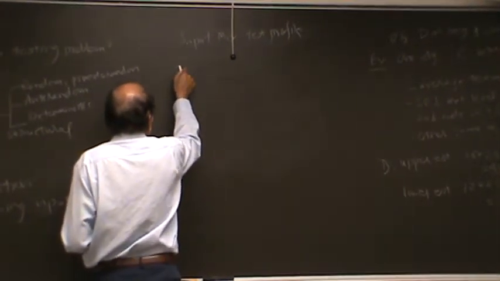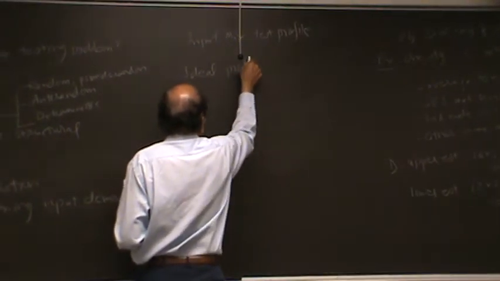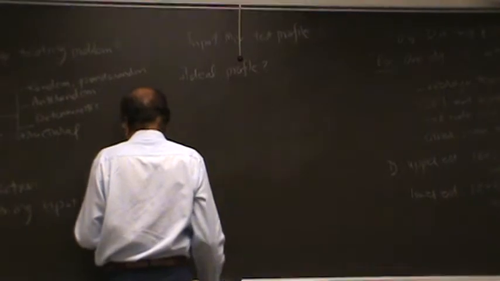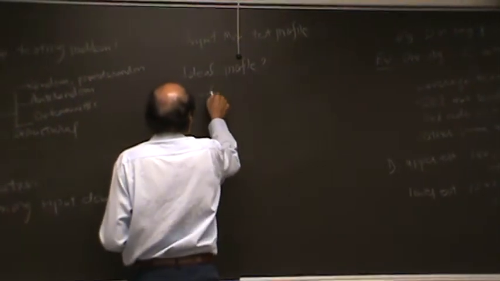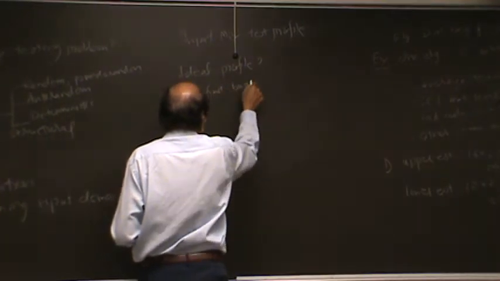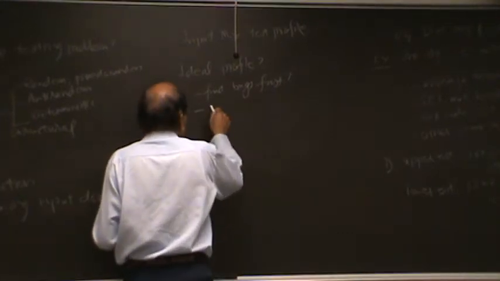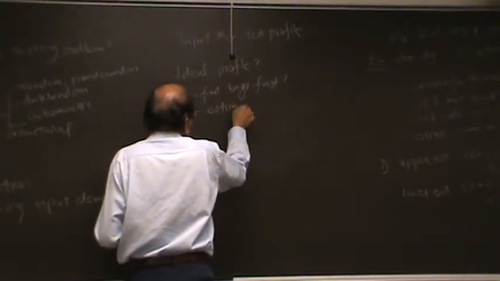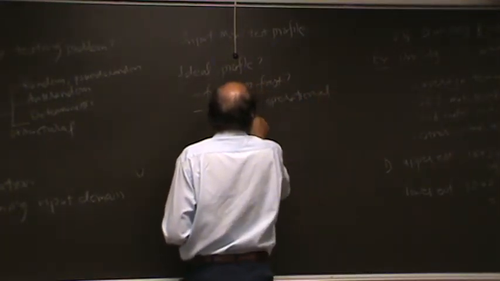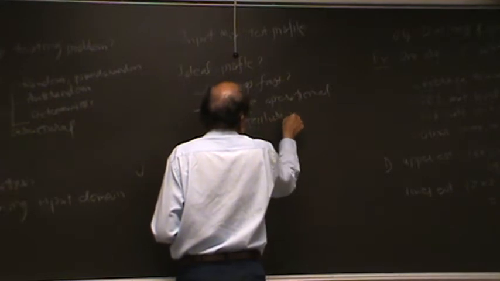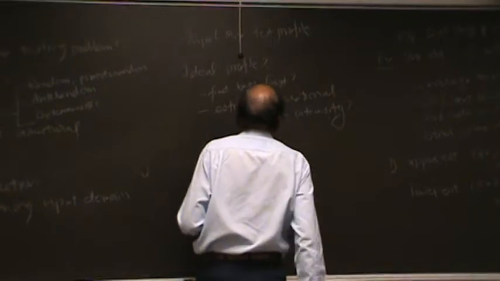Let's consider, what about the ideal? What is the ideal profile? And that depends on what you want to do. Do you want to find the bugs fast, or do you want to estimate operational failure intensity, which is your failure rate?